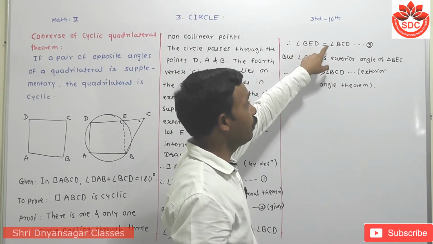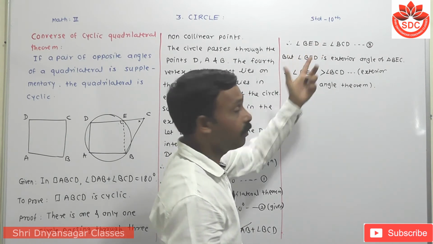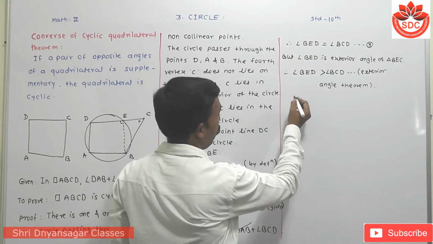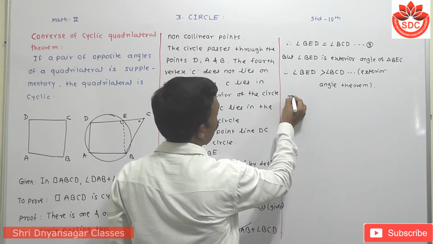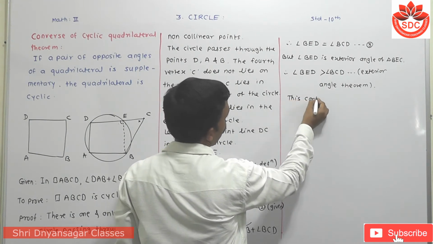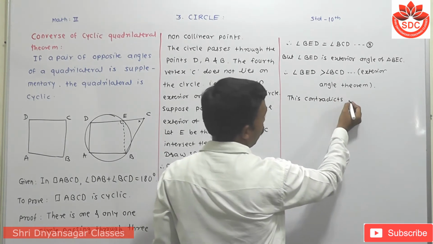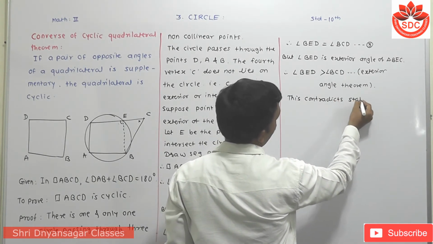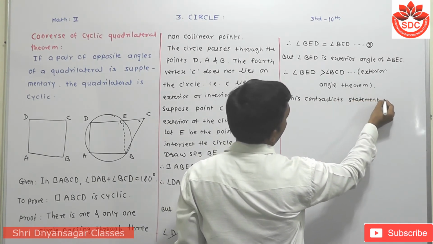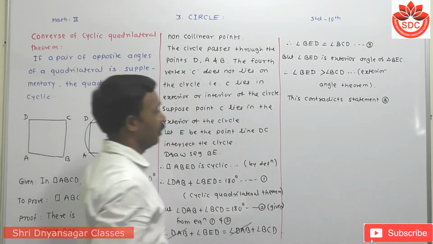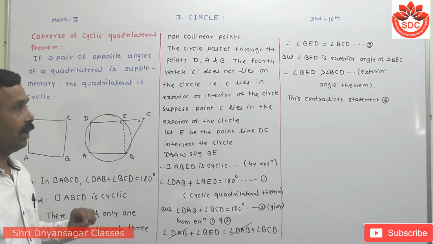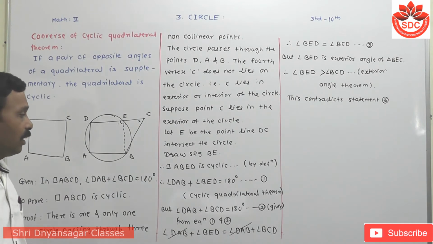here this statement contradicts, विरोधाभास निर्माण झाला. So therefore this contradicts statement third. म्हणजे इथे विरोधाभास निर्माण झाला. हा विरोधाभास का निर्माण झाला?